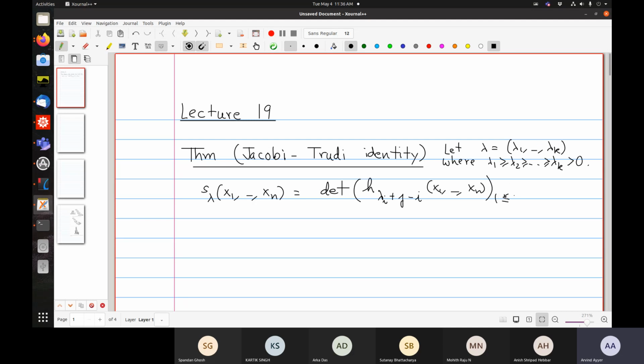And I'm taking 1 less than or equal to i, j less than or equal to k. I remind you, these h's are the complete homogeneous symmetric functions.